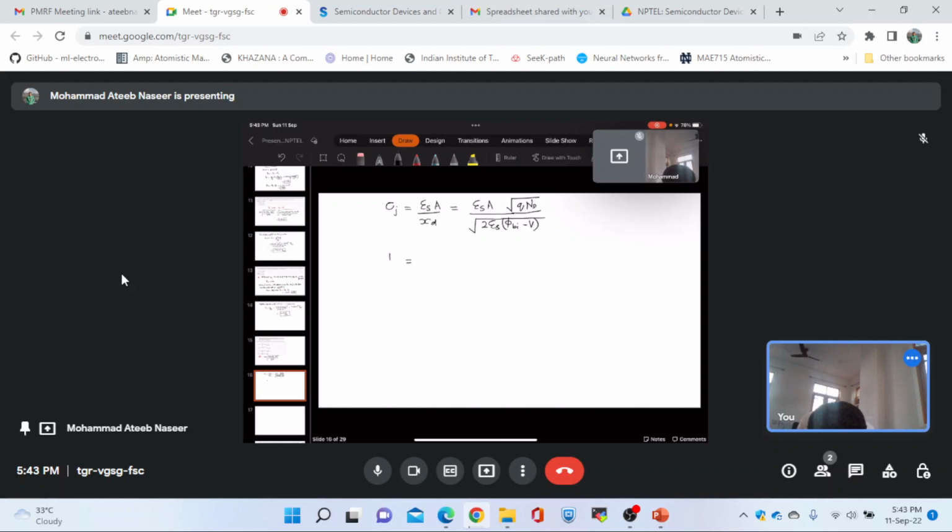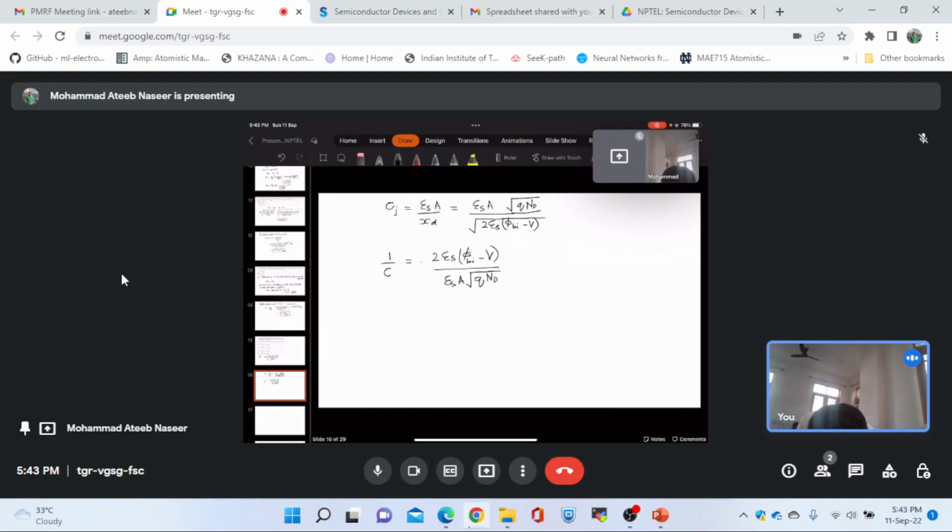It will become 1 by C equal to the square root of 2 times epsilon s (phi bi minus V) divided by epsilon s A by Q N D.